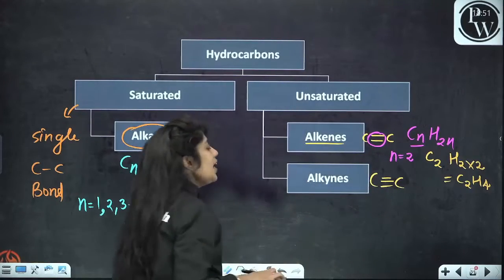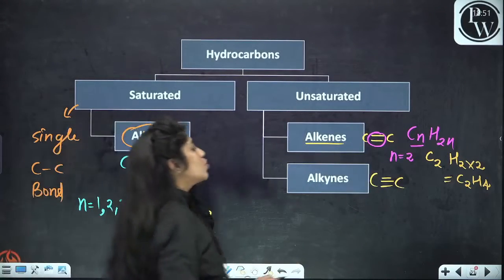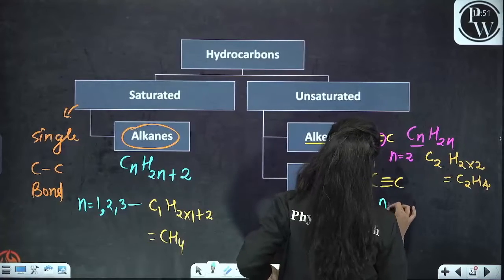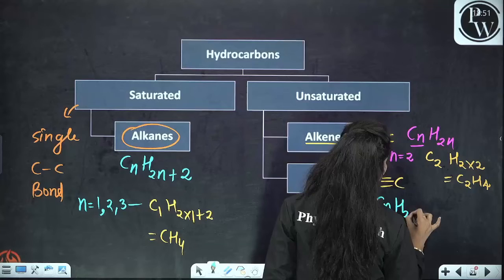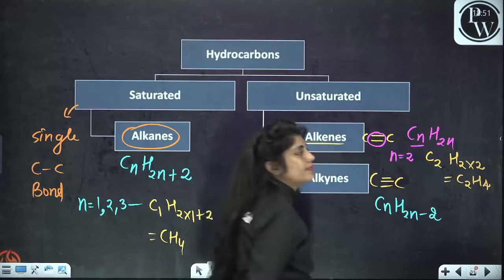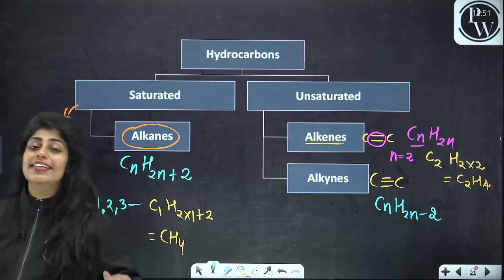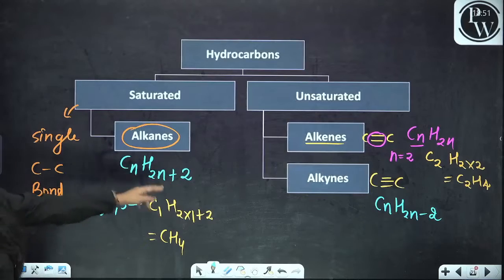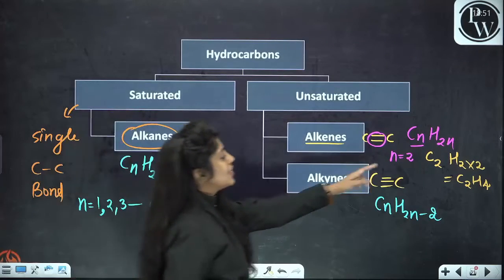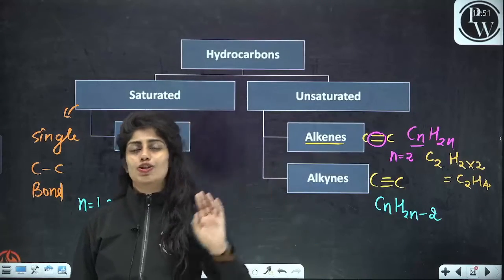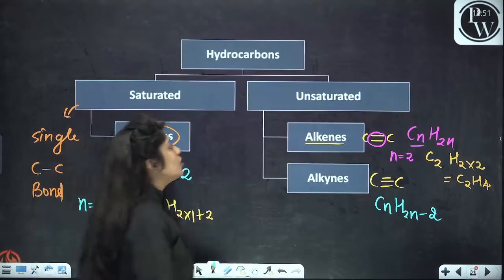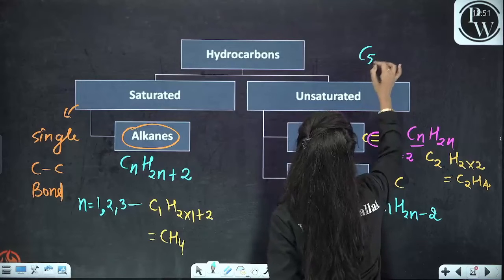Now, alkyne, carbon-carbon triple bond. What can be the formula? It will be CnH2n minus 2. Alkane, CnH2n plus 2. Alkene, CnH2n. Alkyne, CnH2n minus 2. Okay, suppose I am writing C5H12.